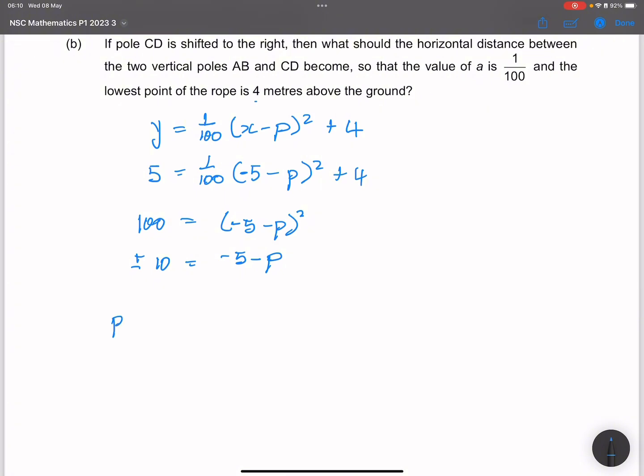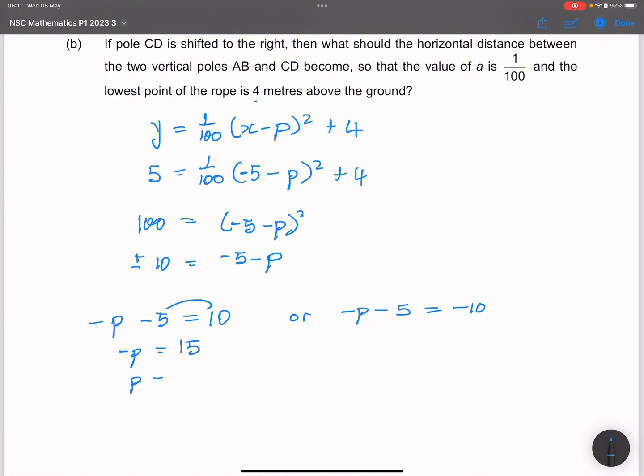So minus p minus 5 equal to 10, or minus p minus 5 can be equal to negative 10. All right, so let's see which one becomes possible. So minus p is equal to, if I take that to the other side, 10 plus 5, that's going to be 15.